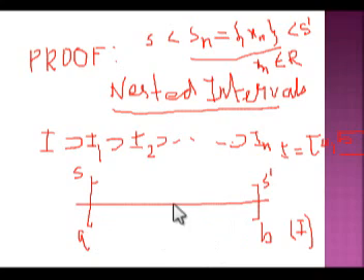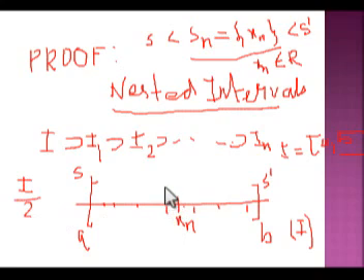Now, there are an infinite number of points of Sn. xn is the nth term of the sequence, so I am taking xn belongs to I. Now this is the first nested interval. So we will divide I into 2 equal parts.